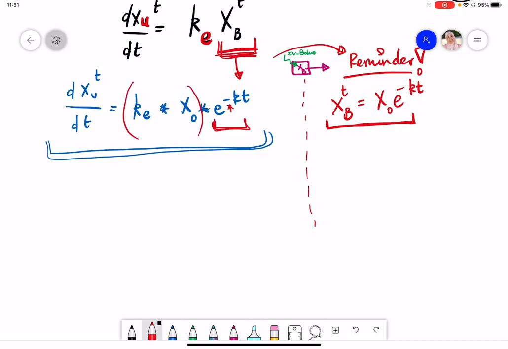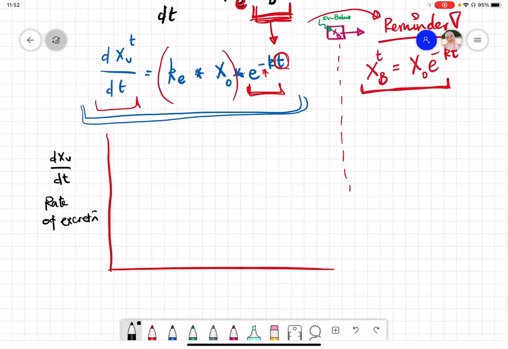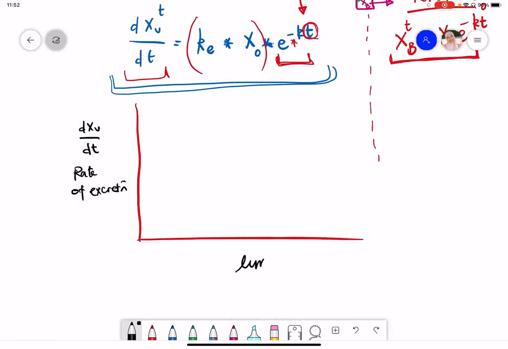So let's take the log. It's similar to whatever we know earlier, but the difference is your y is different, but still your x is t. Before taking the log or ln, let's just draw this profile. I will have rate of excretion versus time.